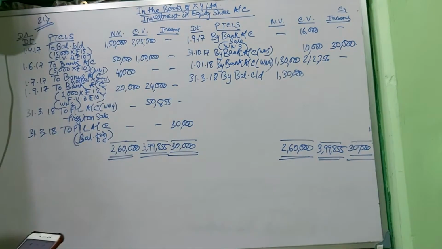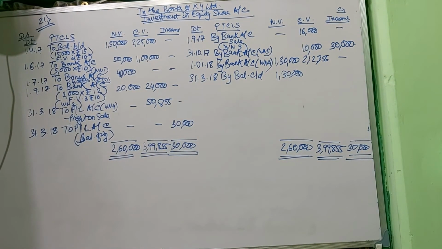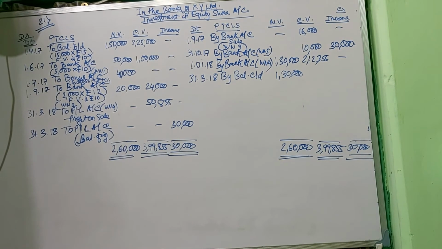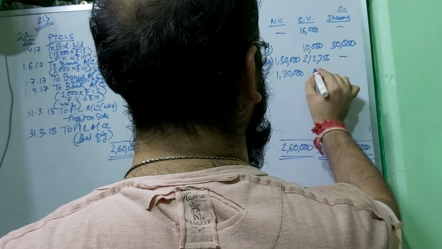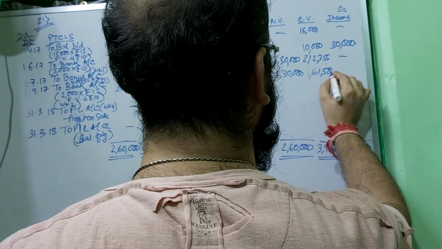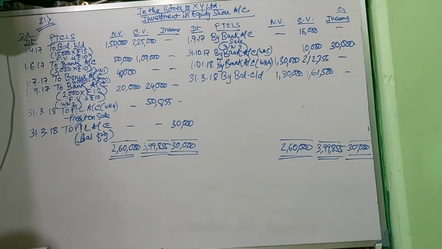So deduct minus 2 lakh 12,355 minus 10,000 minus 16,000. It is 1 lakh 61,500. Okay.